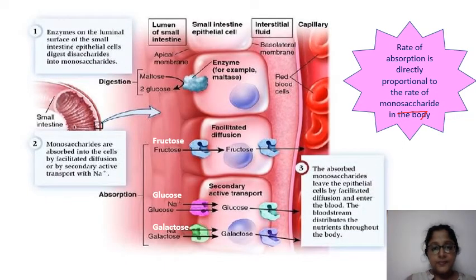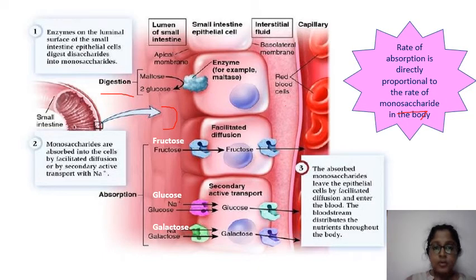Now see, this is the lumen of the small intestine, this portion is the lumen, and this is the small intestinal epithelial cell. This is the interstitial fluid, and this part is the capillary. What we are seeing is the digestion process.